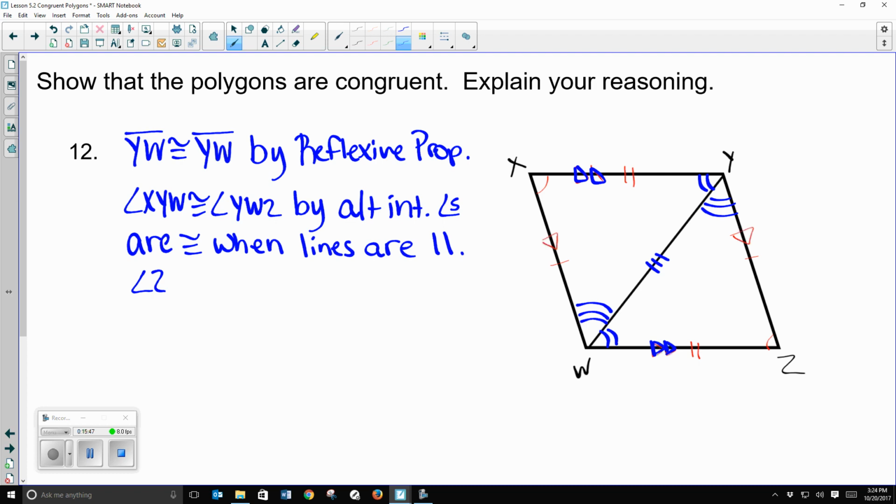Angle ZYW is congruent to angle XWY by the third angle theorem.